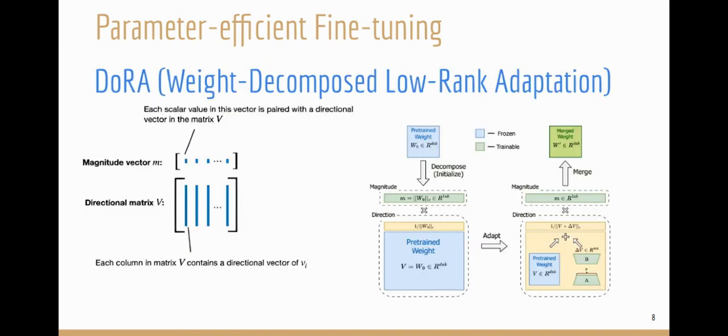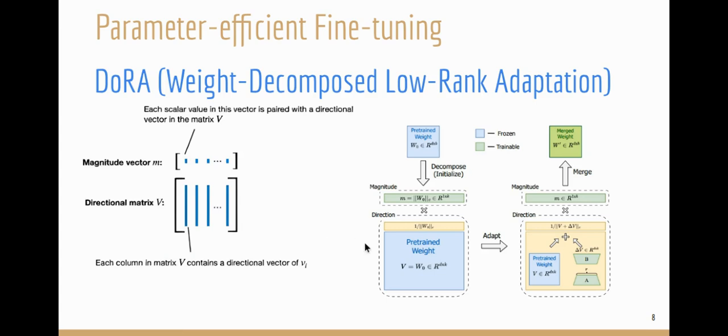The second technique is DoRA, which is short for weight-decomposed low-rank adaptation, where the original model parameters are frozen, of course. The same thing happens as with LoRa, and the weight matrices are decomposed here into a magnitude vector and a directional matrix for efficient fine-tuning.